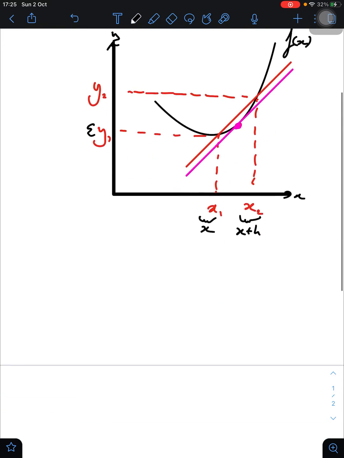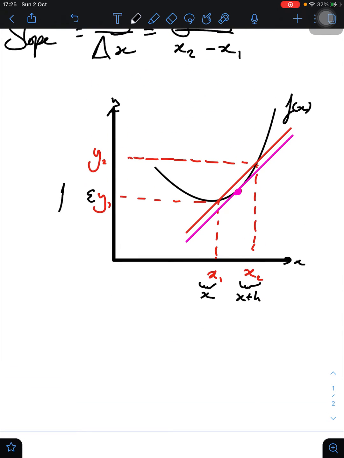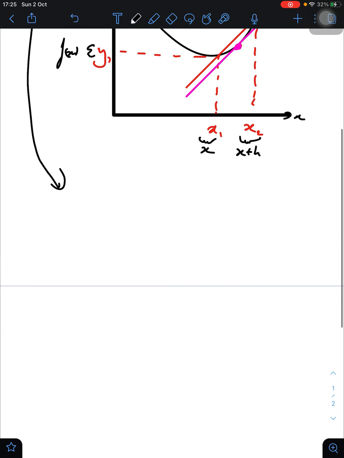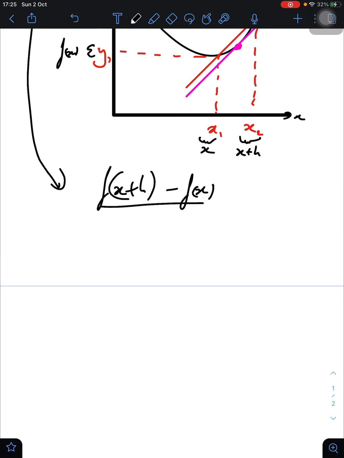Therefore, since we've got an f of x here, y becomes f of x, and y2 becomes f of x plus h. Therefore, using the formula above, what we're left with is f of x plus h minus f of x over x plus h minus x.